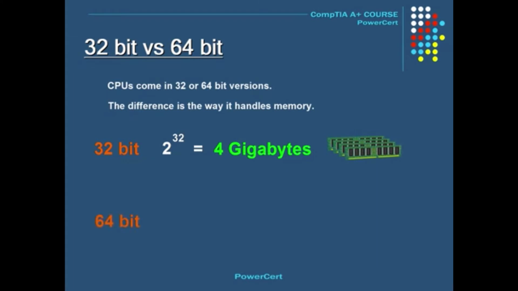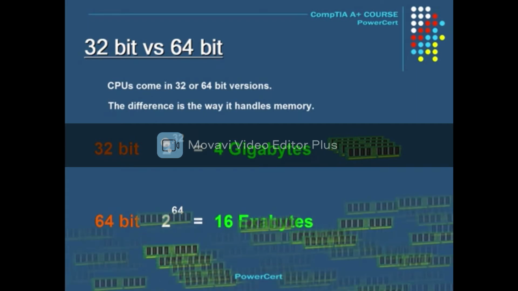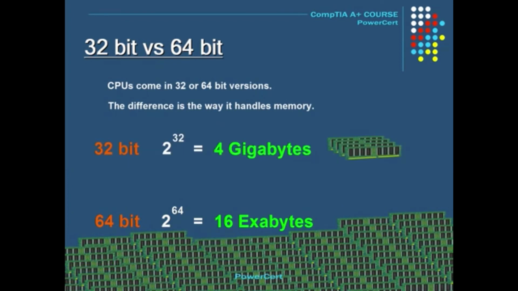However, a 64-bit CPU can reference 2 to the 64th power bytes of memory, which equals about 16 exabytes, which is 4 billion times more memory than a 32-bit. Now that number is so huge that it's virtually unlimited, because we will never need to use that amount of memory.